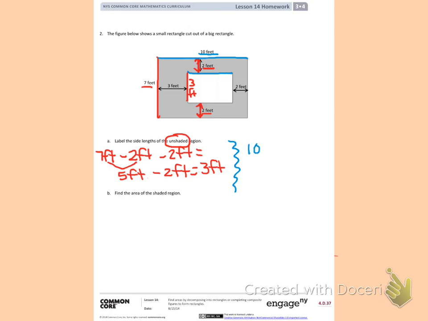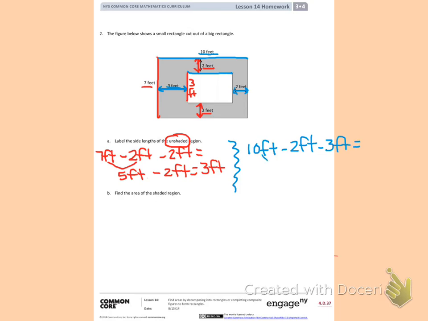We'll take those 10 feet and we'll subtract out these 2 feet, which aren't a part of the unshaded rectangle, and we'll take out these 3 feet, which are not a part of the rectangle.